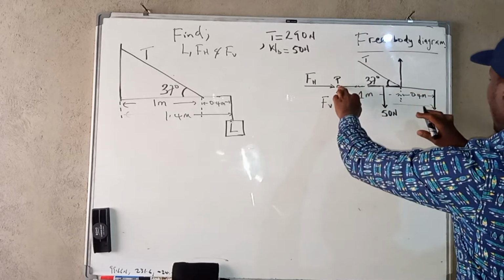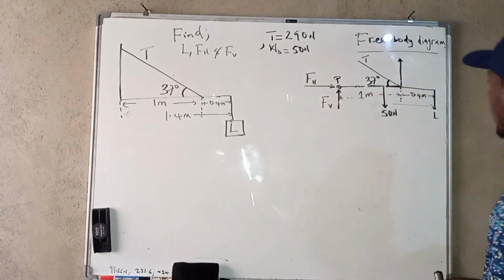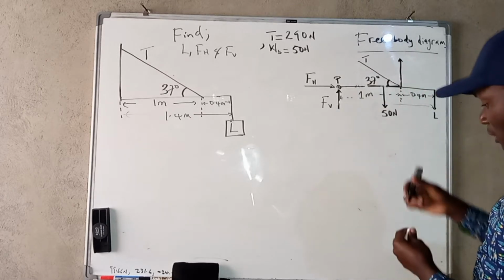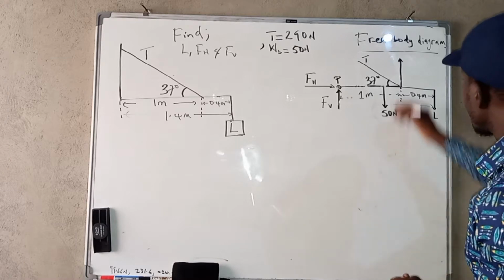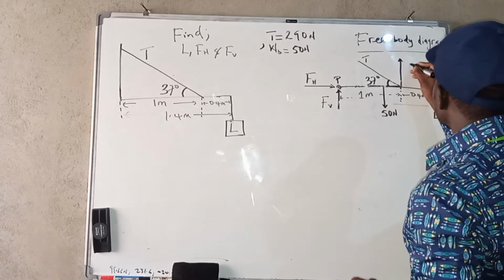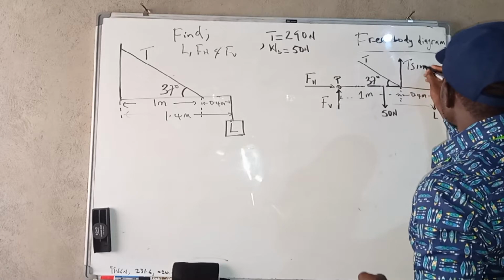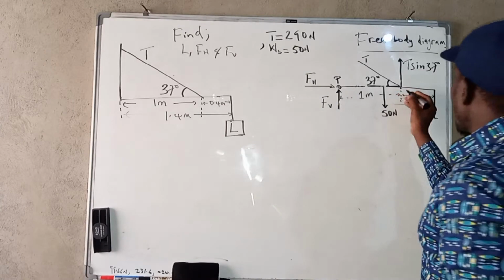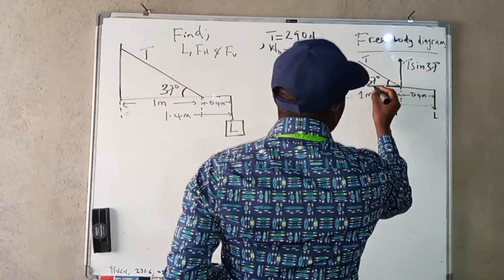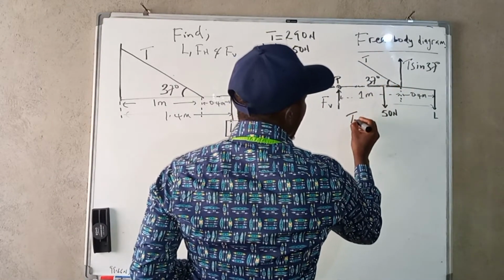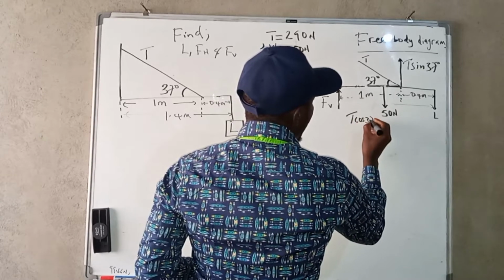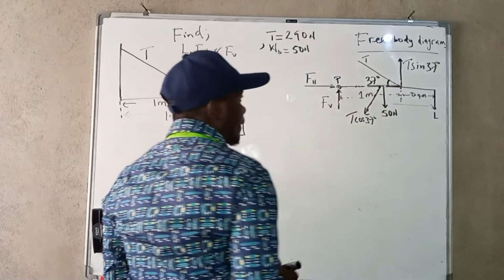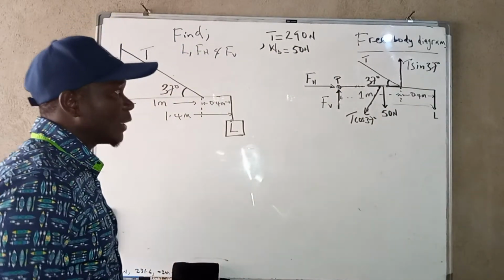Then we can resolve this into x and y components, where we have T sine 37 degrees here, and then we have this one which will be T cos 37 degrees. So it is this one here, the horizontal component.